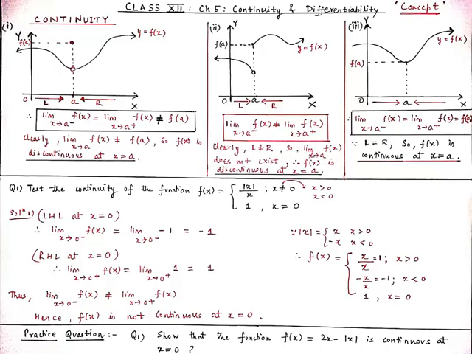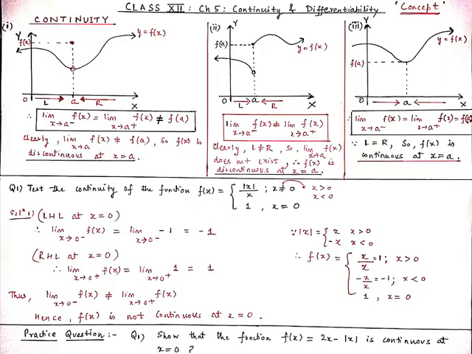And now our first question for today is: test the continuity of the function f(x) which is equal to mod x upon x for x not equal to 0, and 1 for x equal to 0. As you all know, x not equal to 0 means that we have to check for x greater than 0 and for x less than 0.